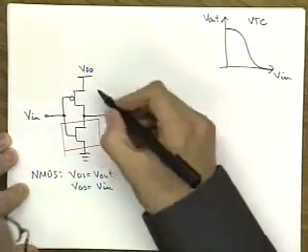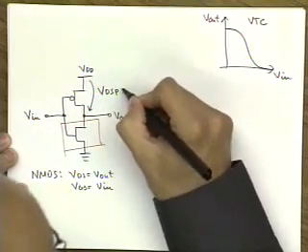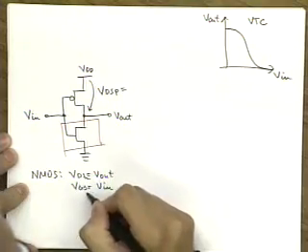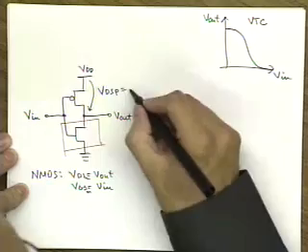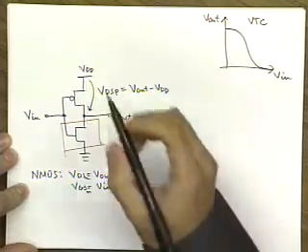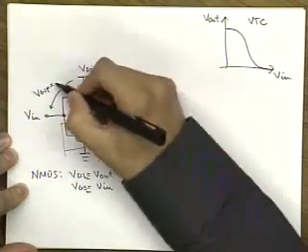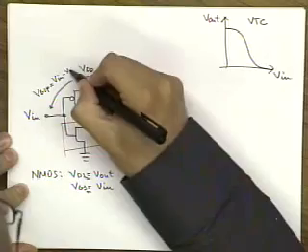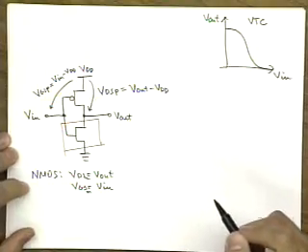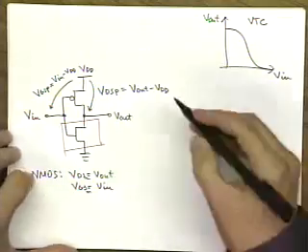Now for the PMOS, we have VDSP, this is VDSN and VGSN. VDSP is equal to V out minus VDD, and VGSP is equal to V in minus VDD. Okay? But that's not what we have.